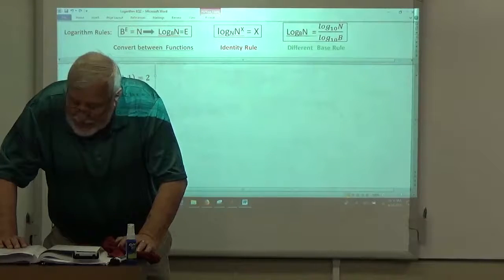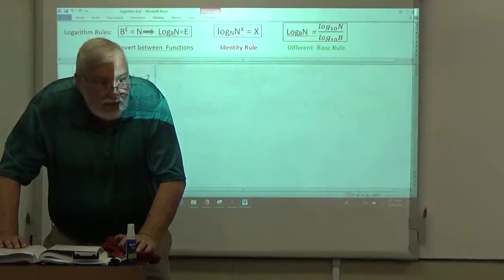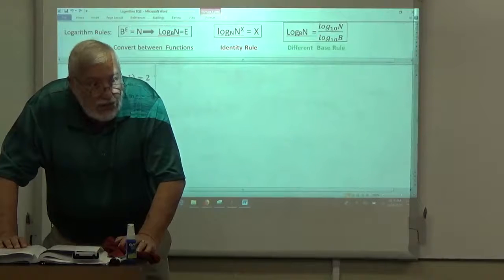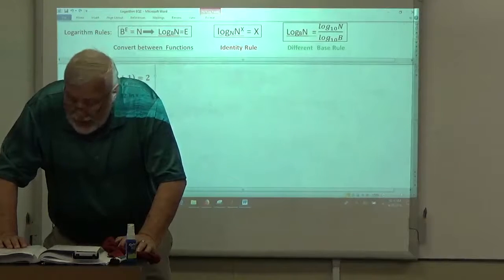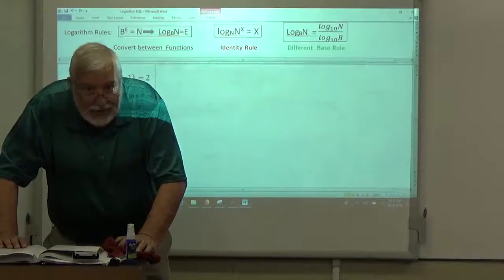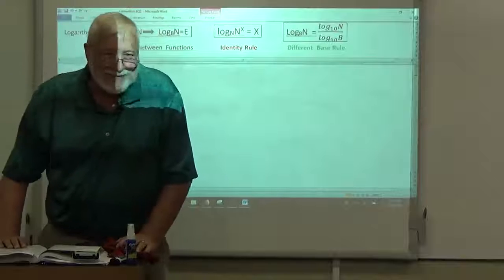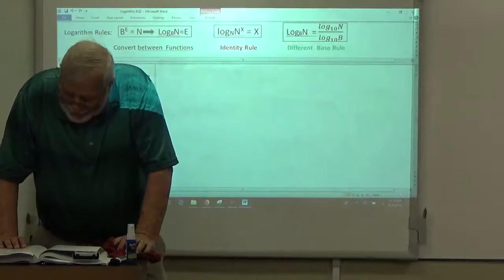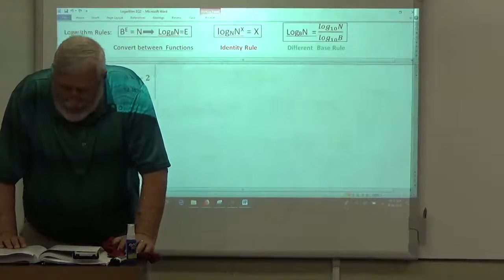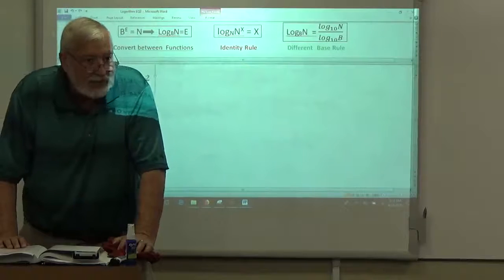Because the log of 24 to the base of 24 is 1. Now the 3's cancel, and you're left with negative 2. Because the 3's cancel, you're left with negative 2.